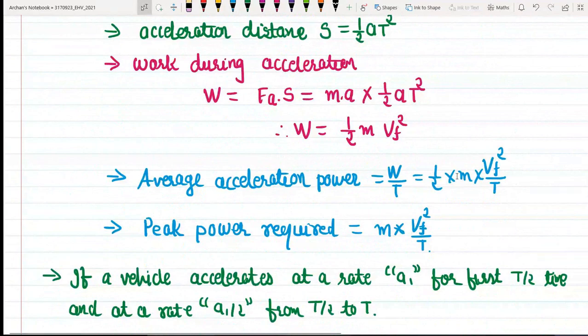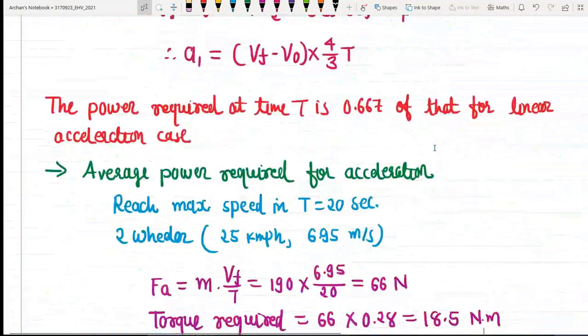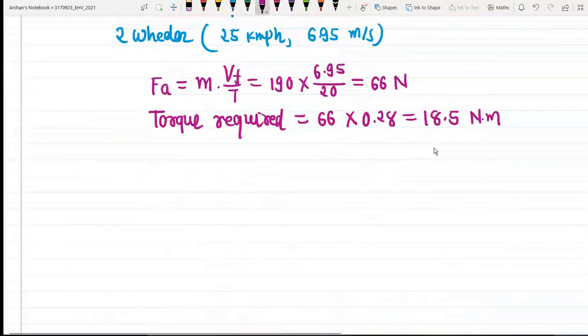Average power is 0.5 into m into Vf square by T. So let us calculate the average power required.